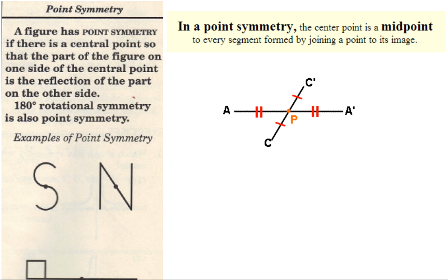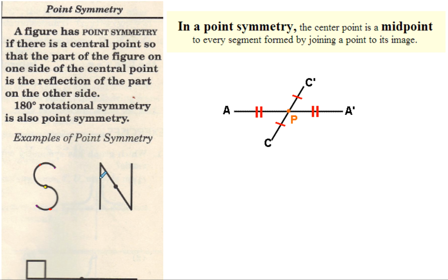So for example, if you took a look at this point right over here, notice how you can take any point that is on the letter S, reflect it over this yellow point, and you'll get another point on the letter S. If I took this point on the letter S and I reflected it over the yellow point, I would get to this point on the letter S, and so forth for every other point.